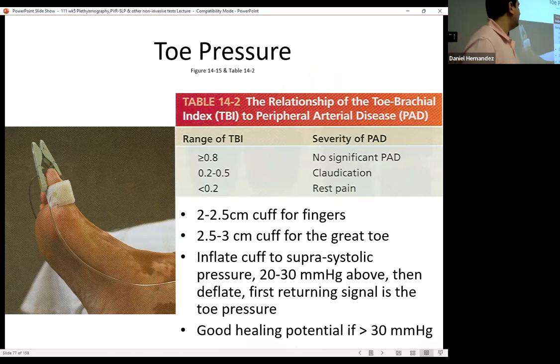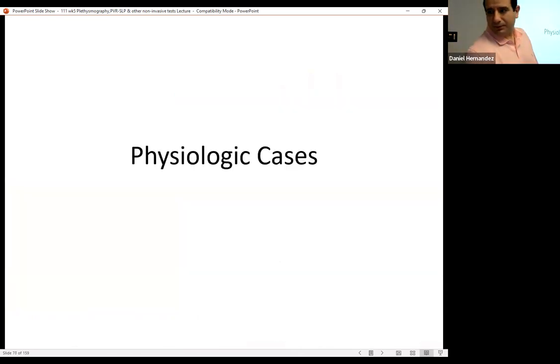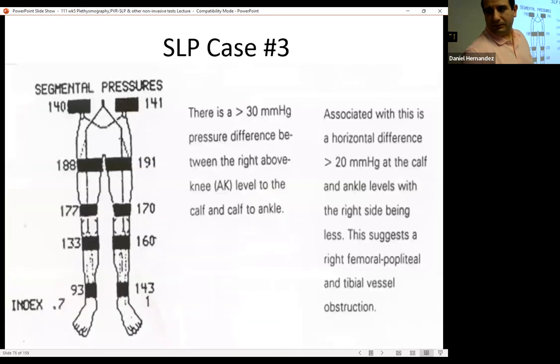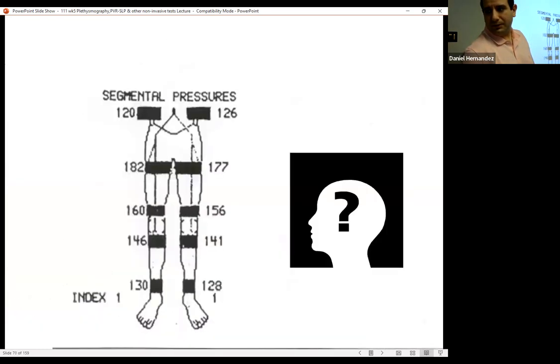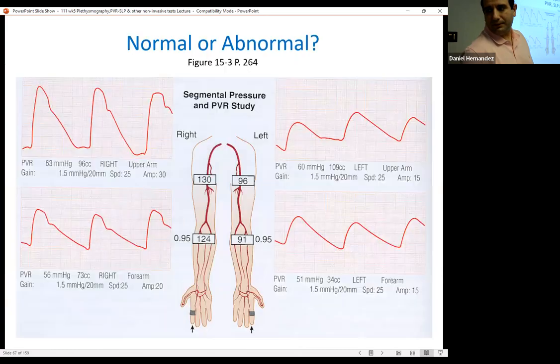So 0.9 is normal. Once we get less than 0.9, we start getting into mild symptoms. Claudication. Rewind. Claudication is 0.9 to 0.5.